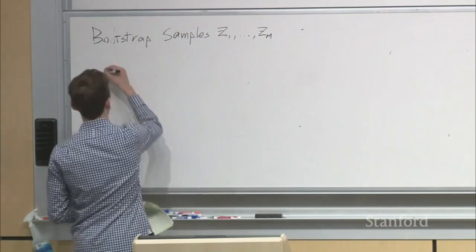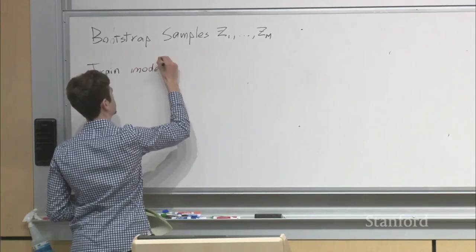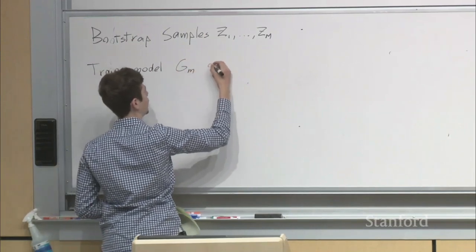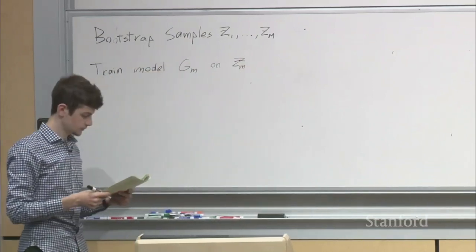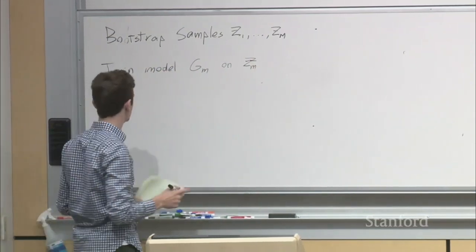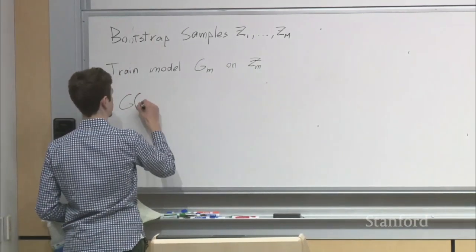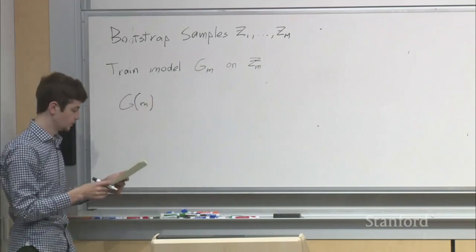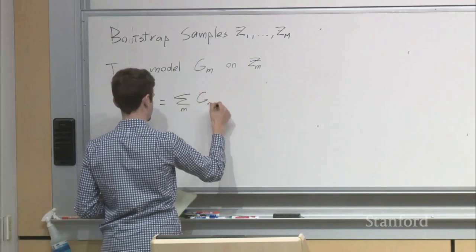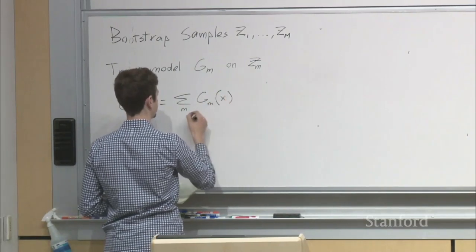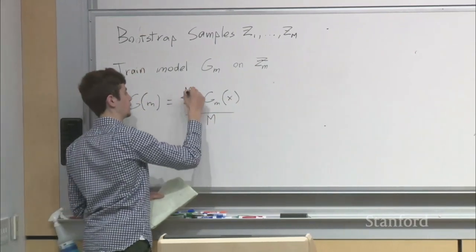You train a model, Gm, on Zm. And then all you're doing is defining this new meta model, G of M, without a subscript, which is just the sum of the predictions of your individual models divided by the total number of models you have.